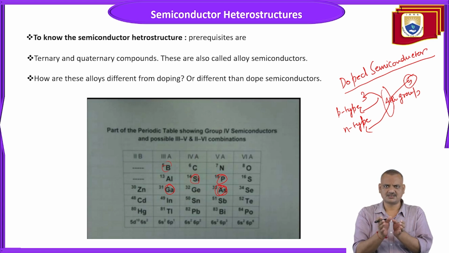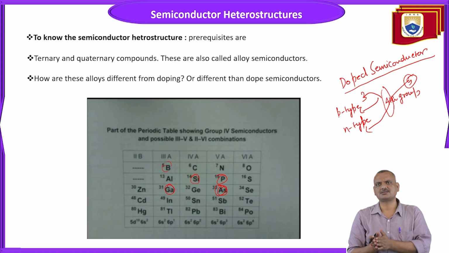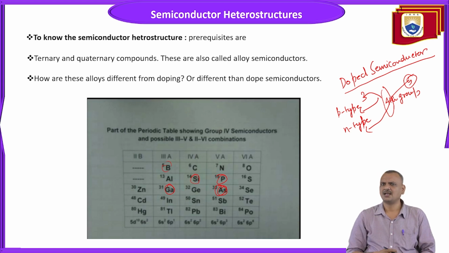If you try to make some combination of third and fifth group elements, gallium arsenide or gallium phosphide, these types of materials will also behave like a semiconductor, but not in the normal form of gallium arsenide.